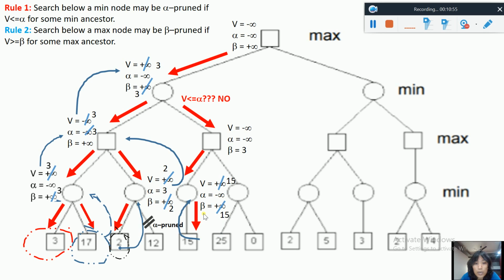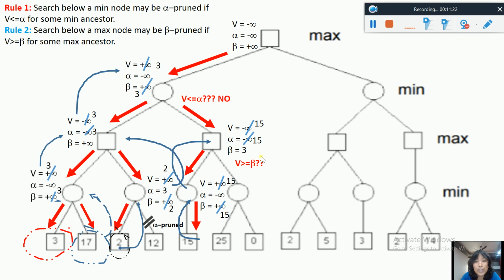So again, as there is no other child, this value goes to its parent. It is the max node, and max node obviously will get better value than minus infinity. So this node's value will also get updated with 15, and alpha, as it is playing for the max node, will also get updated.